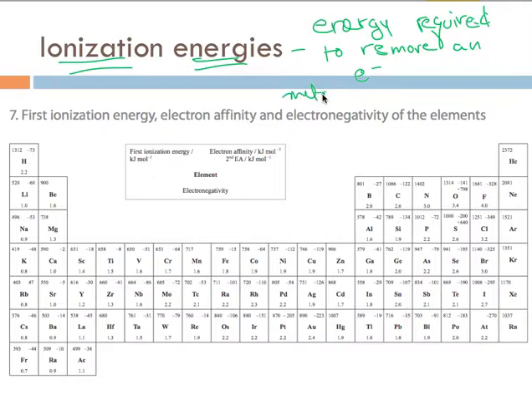Metals have lower ionization energies. Nonmetals have relatively higher ionization energies.